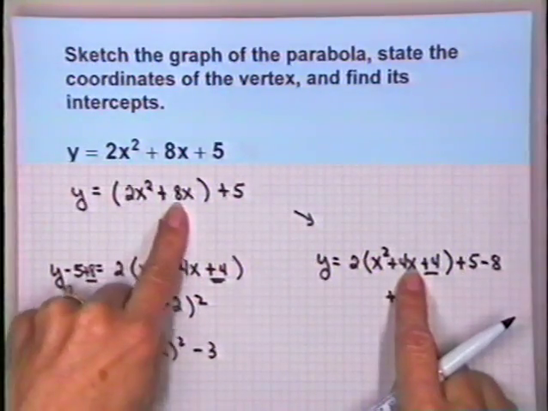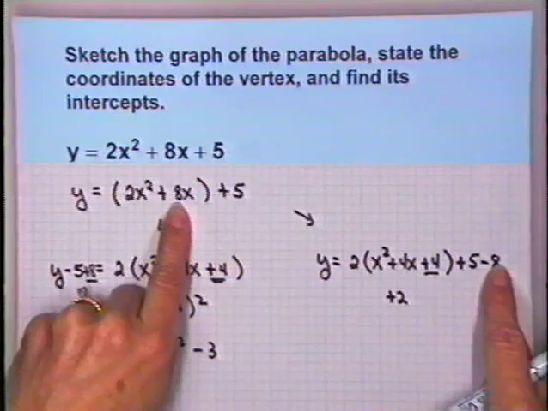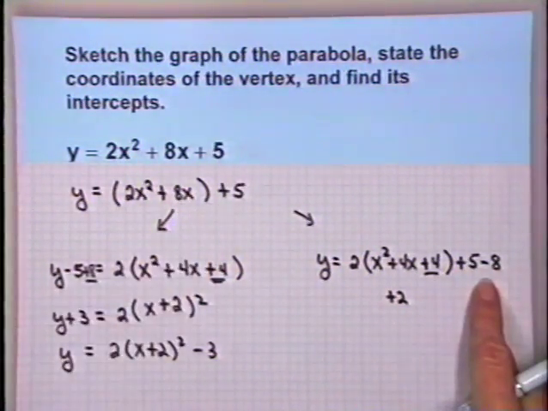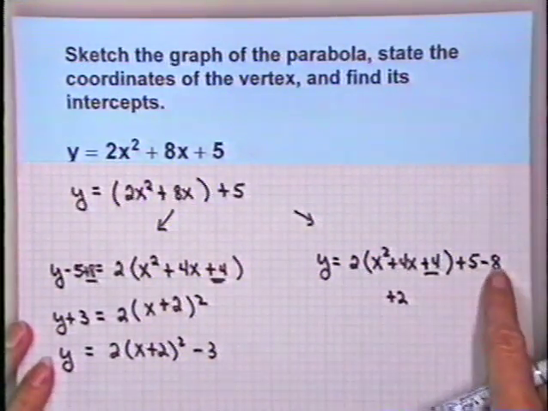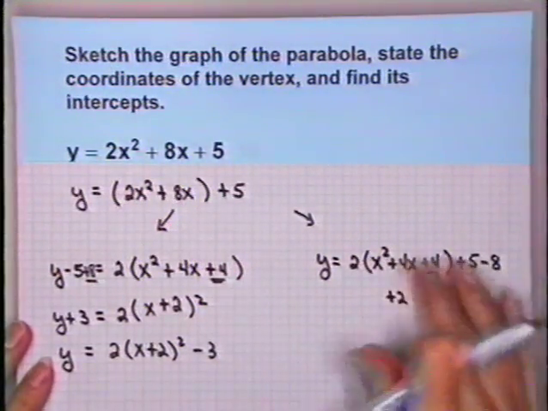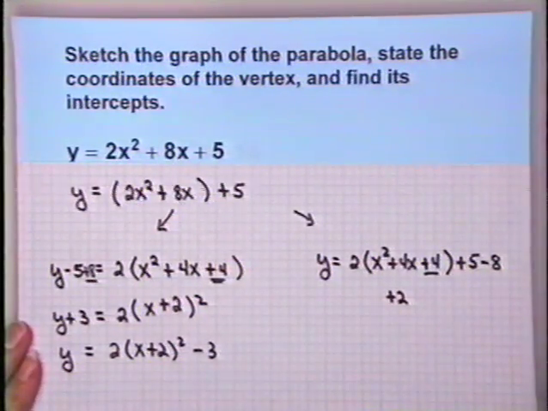I have 8x right here. I have a plus 8, but this minus 8 will cancel that out and make a 0, and I have the plus 5. So do you see, again, I have the same equation. So the idea here was if I add 8, I subtract 8 on the same side, that's like a 0, and so I really haven't changed the value of this equation. So that's another way of doing this same process.